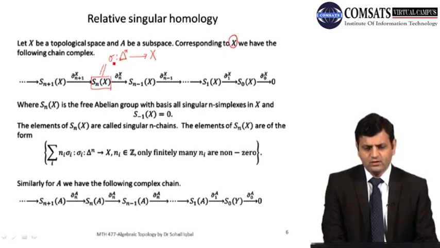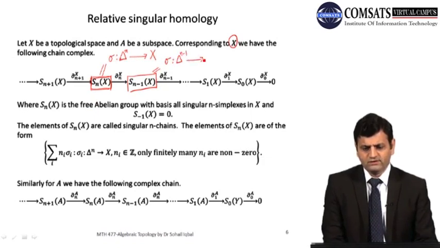If we consider all continuous functions from the standard n-simplex to X, then the collection of those continuous maps will generate this free abelian group S_n(X), or basically generate this group of n-chains. Similarly we can define S_{n-1}. Of course this is the free abelian group generated by all continuous functions from the standard (n-1)-simplex to X, and so on.